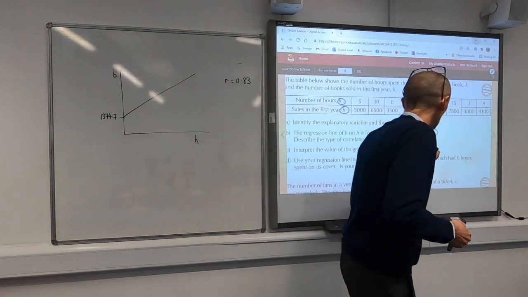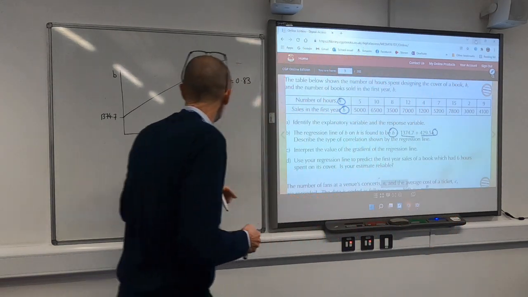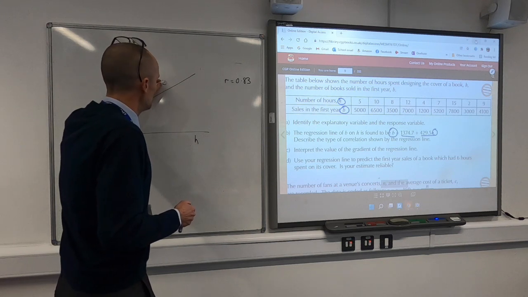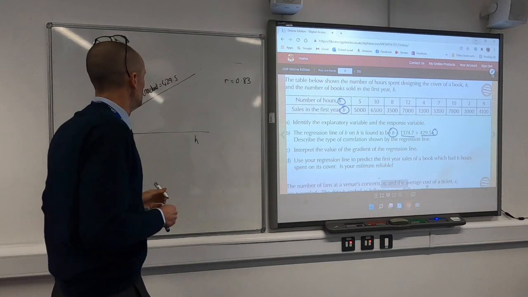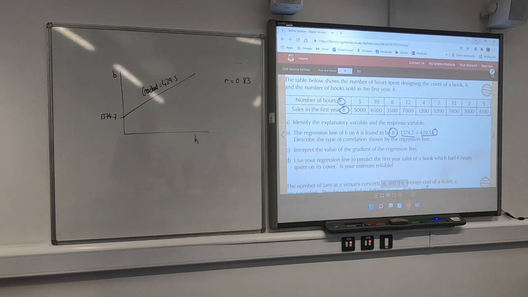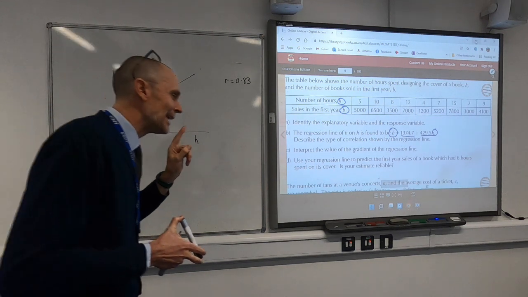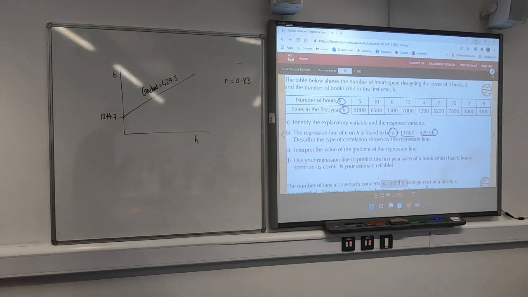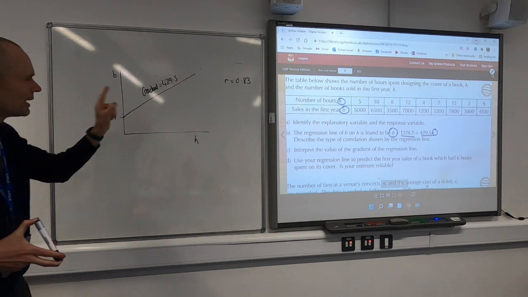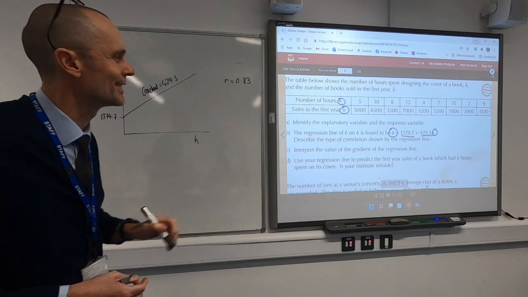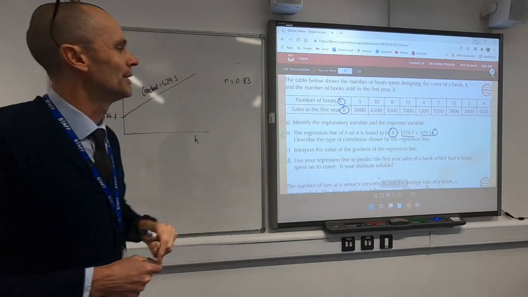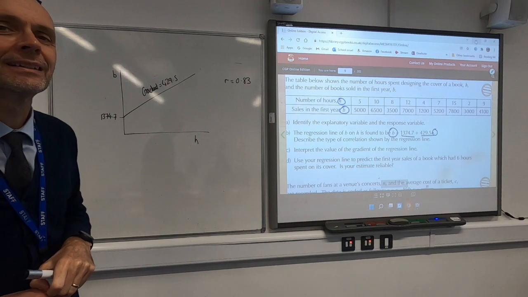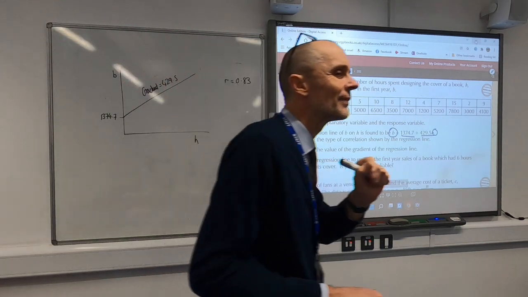That we've got a positive correlation because the gradient of this line is 429.5. So interpret the value. So Charlie, what does a gradient of 429.5 tell us in this graph? Say again, sorry?